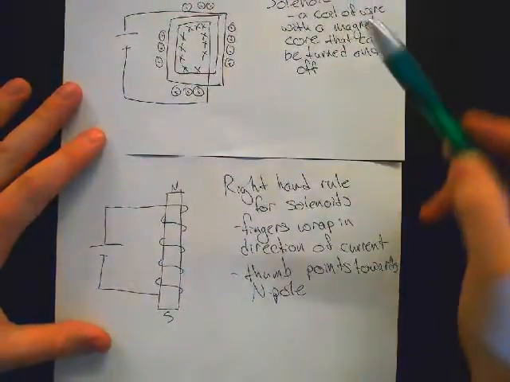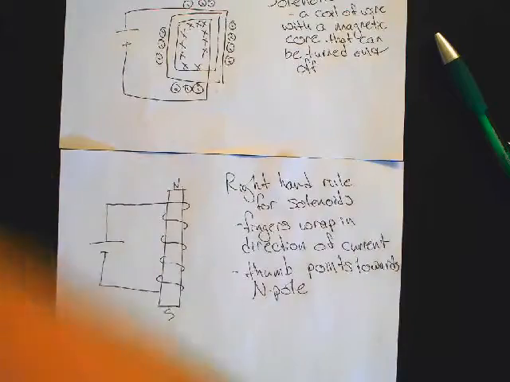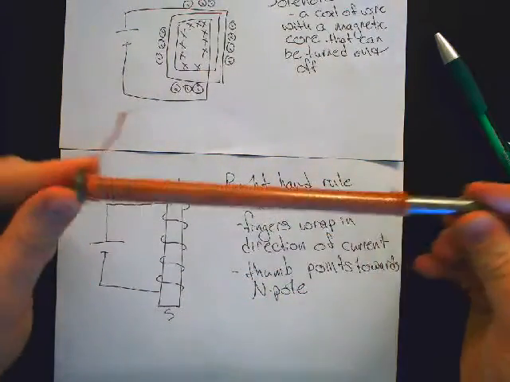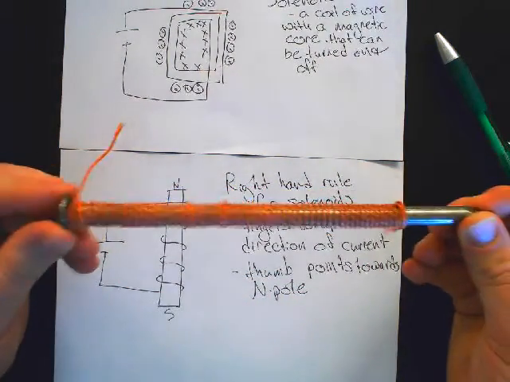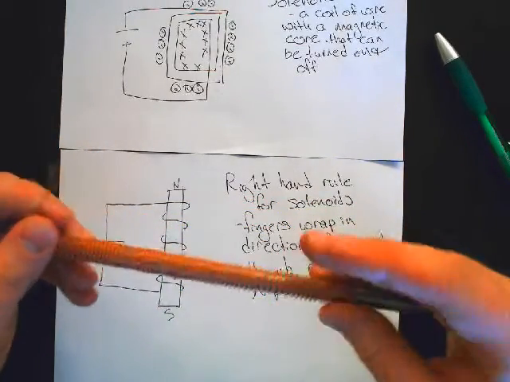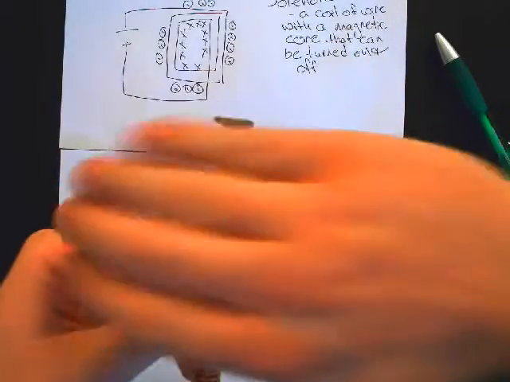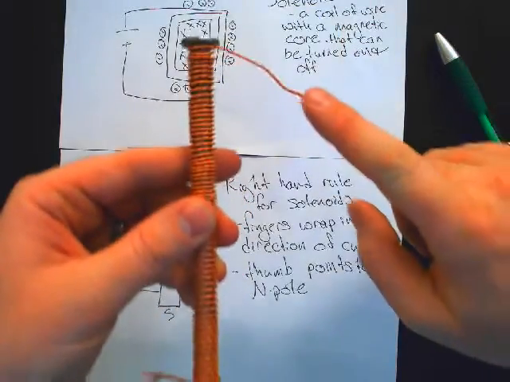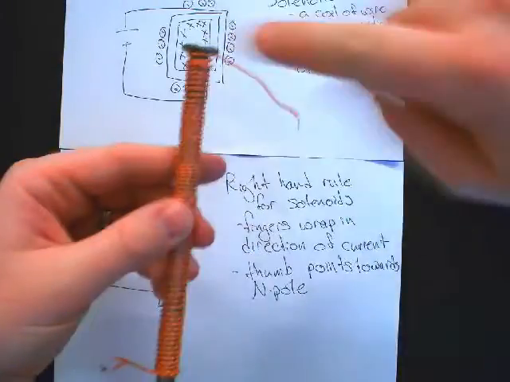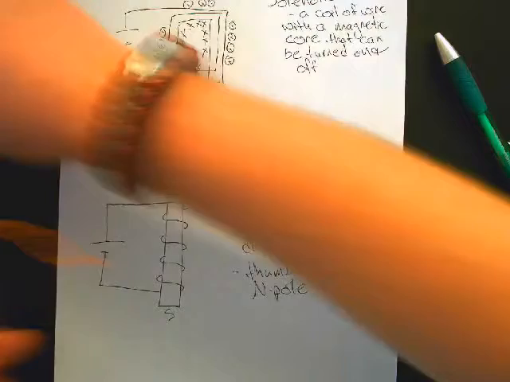All right, so I'm taking that same pair of wires. I've still got them connected to my power supply, and now I've got an iron core. It's a spike with a wire wrapped around it, meaning that I've got a solenoid here. The wire wraps in this direction, so I'm going to attach the positive side here, meaning that my N pole is going to be up here and my S pole is going to be down here.